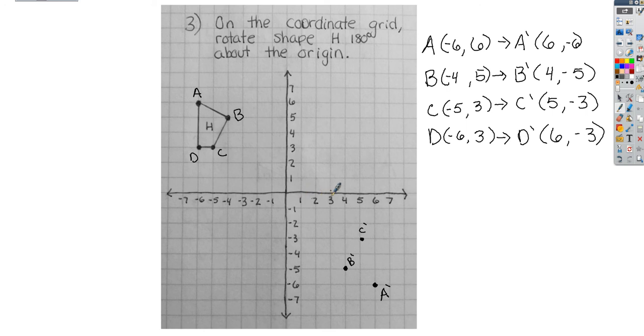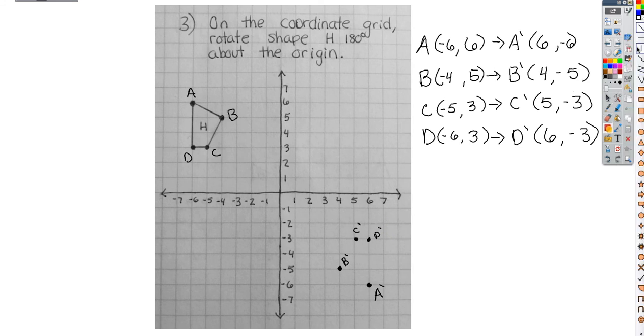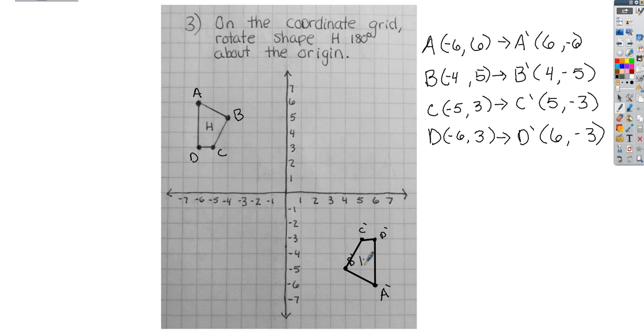So 1, 2, 3, 4, 5, 6, and down 1, 2, 3. That is D prime. And now all we have to do is connect those lines. And now we have a 180 degree rotation of H prime.